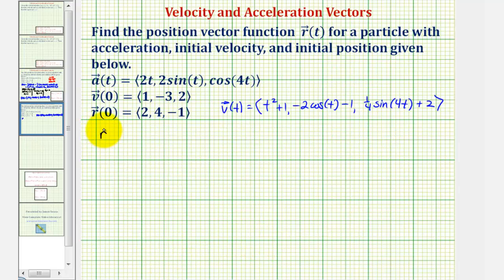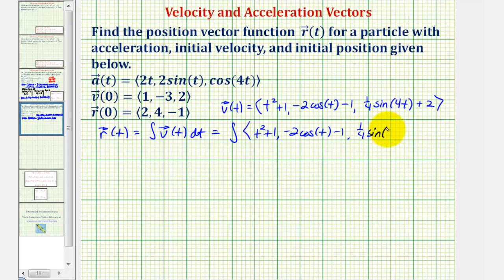So now r of t is equal to the integral of v of t, which we just found. So we'll have the integral of, again, the x component is t squared plus 1, the y component is negative 2 cosine t minus 1, and the z component is 1/4 sine 4t plus 2.